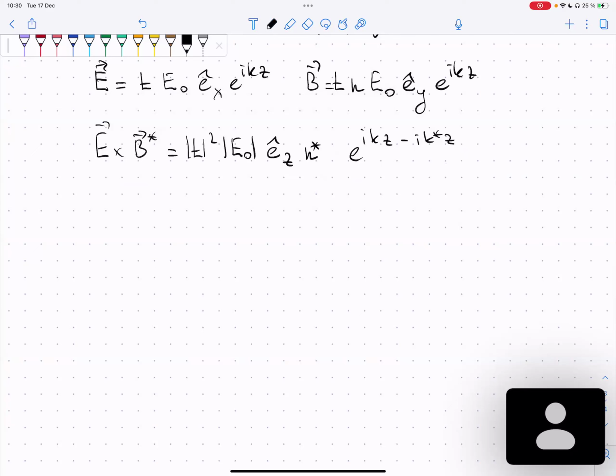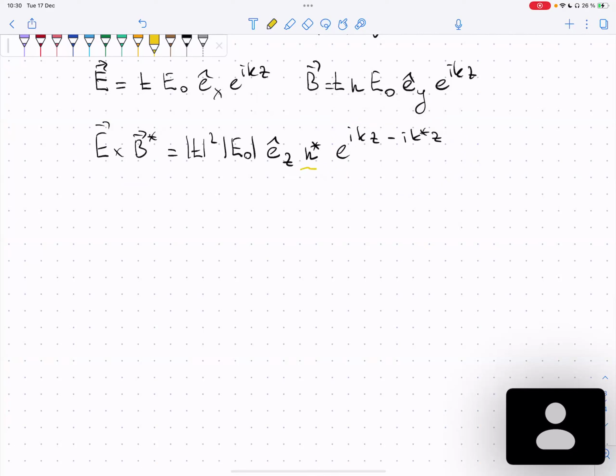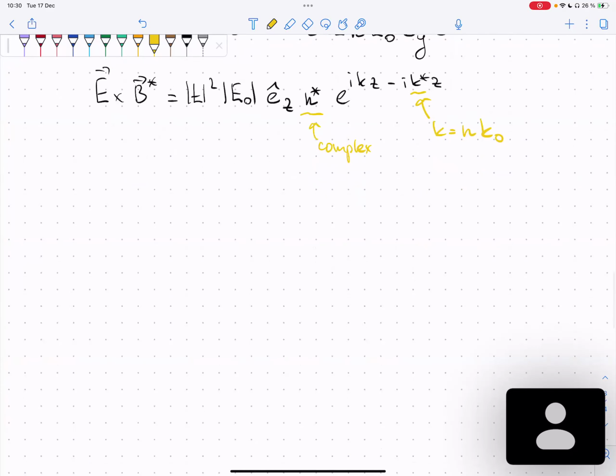And here we need to remember one very important thing: because the refractive index is complex, the wave vector inside the medium, n k0, is also complex.